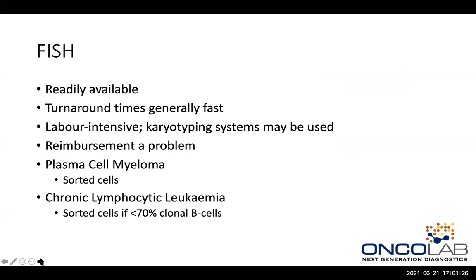If you have 70% or less clonal B cells, ERIC, the European Research Initiative on Chronic Lymphocytic Leukemia, currently recommends that one purifies these cells before testing for TP53 with molecular methods or FISH. So please ask your lab and see if they actually purified your cells, because otherwise you are wasting money.